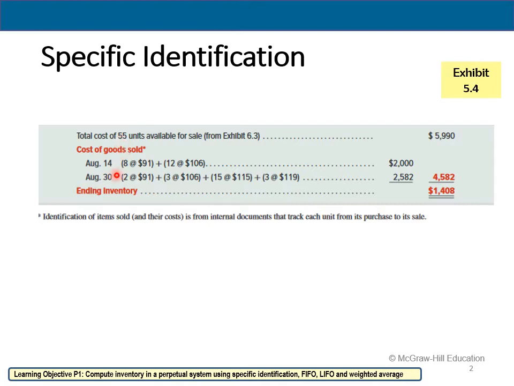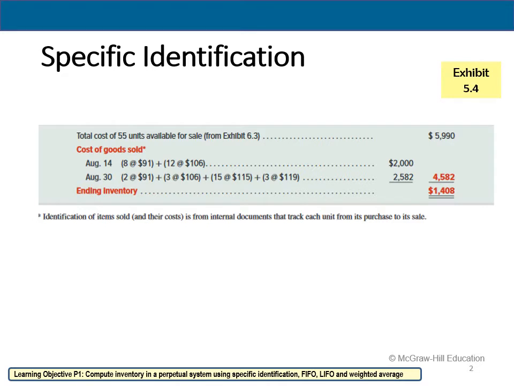And the visual we have here tells you we've got cost of goods available for sale, and then it tells you the cost of each unit, the cost of goods sold for each unit sold.